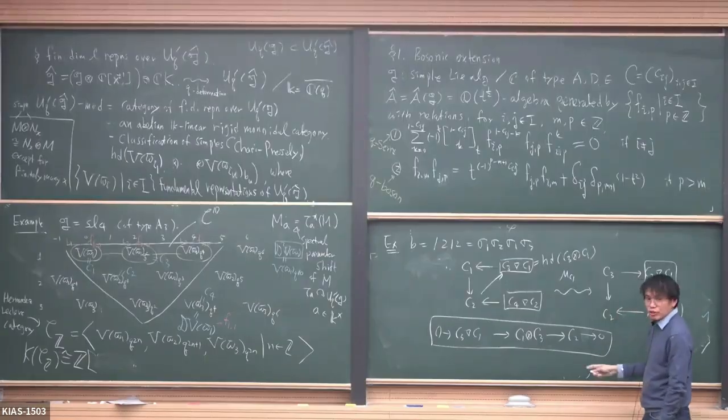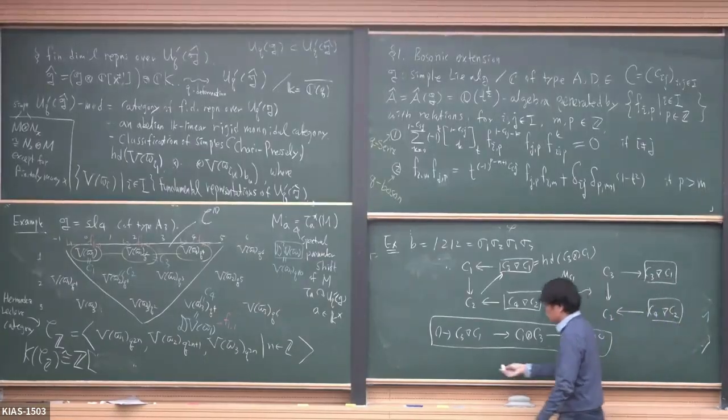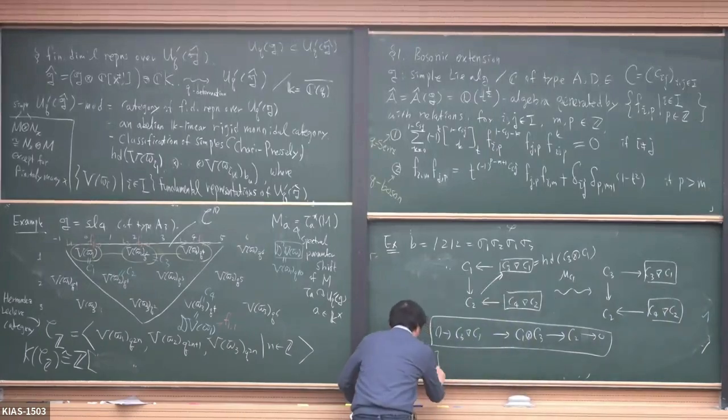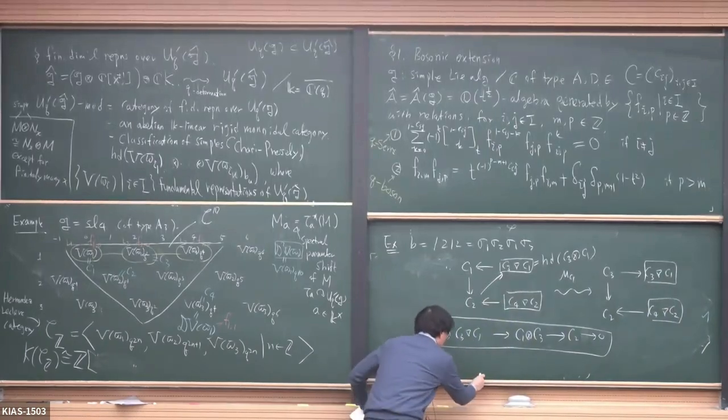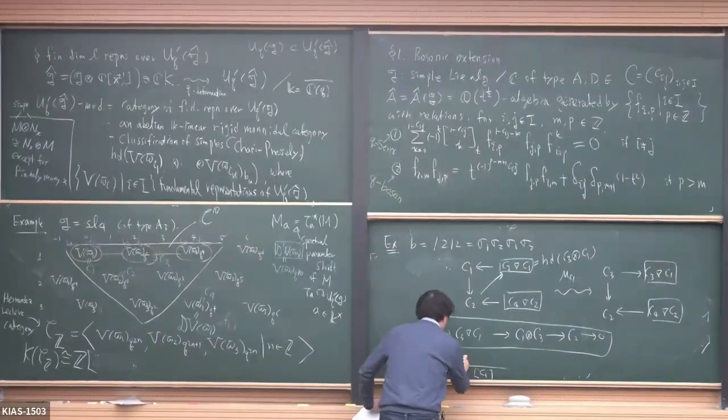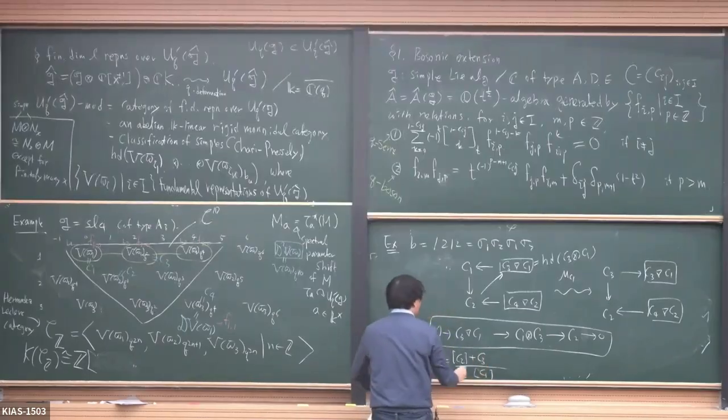If you are familiar with cluster algebra theory, it means that the class of C3 has denominator C1 and numerator C3 tensor.